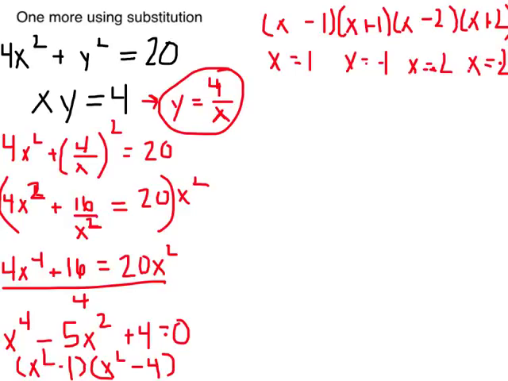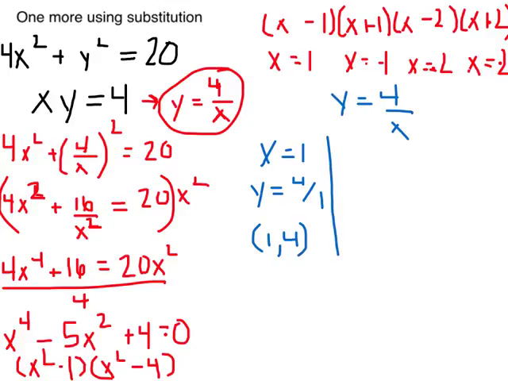We need to find the corresponding y for every single x. And since we know that y equals 4 over x, I can plug in each of these x's into this equation to figure out the y. So when x equals 1, I get y equals 4 over 1, or the point 1 comma 4.